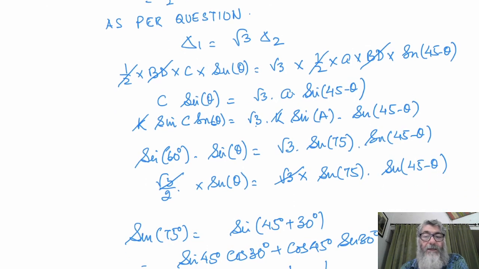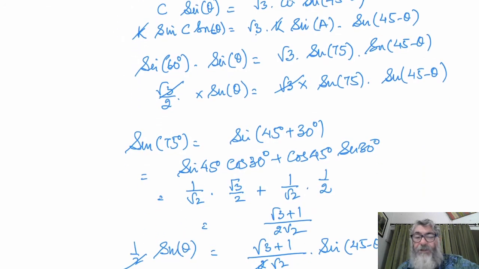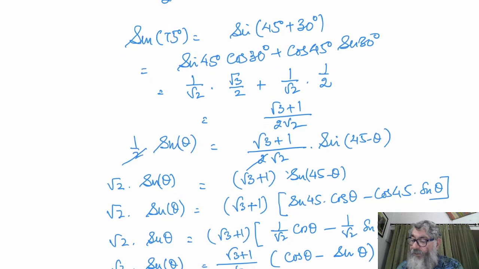Root 3 will cancel. Now I have to calculate the value of sine 75 because 75 is not a standard value. So we calculated with the help of 45 plus 30, which came out to be root 3 plus 1 upon 2 root 2. From this we achieved something.